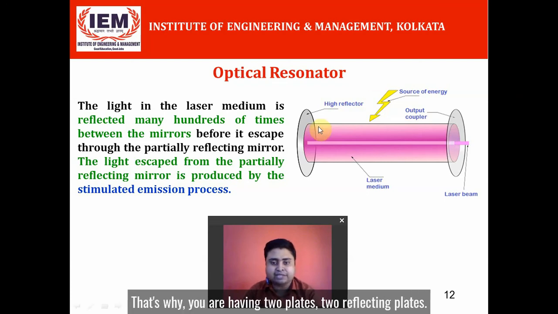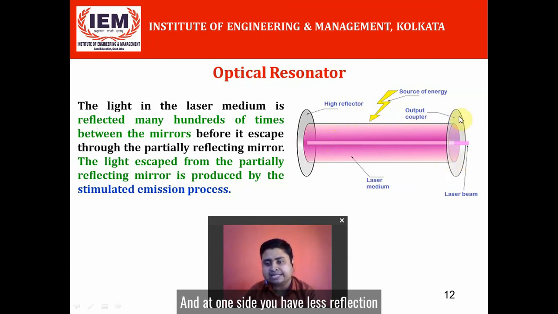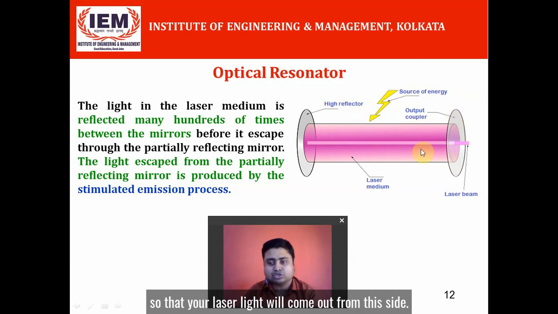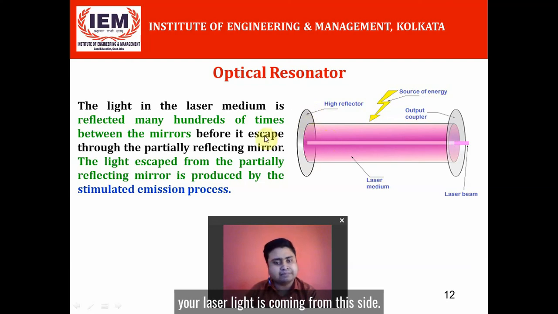That's why you have two reflecting plates, and there will be hundreds of reflections. On one side you have less reflection, so your laser light will come out from this plate. This one is completely reflected, so there is no chance that laser light comes from this side.